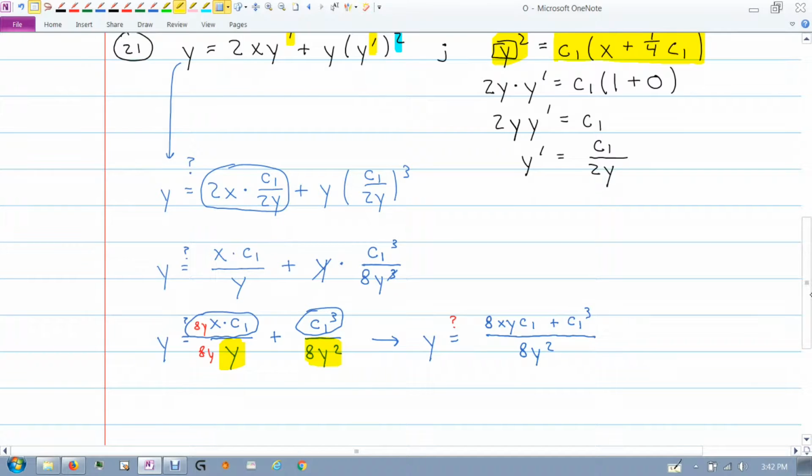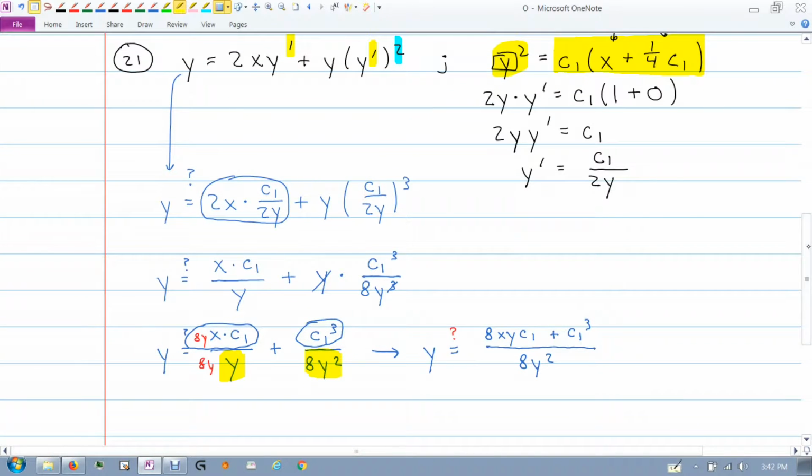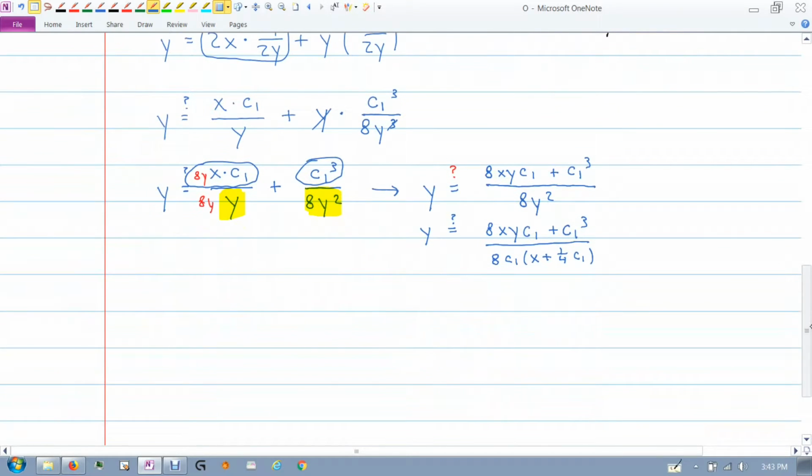The question is, does y equal 8xy c sub 1 plus c sub 1 cubed over 8 times that thing up there in yellow, so c sub 1 times x plus 1/4 c sub 1? All right, let's see what happens to this thing, if we can get something nice to happen here.